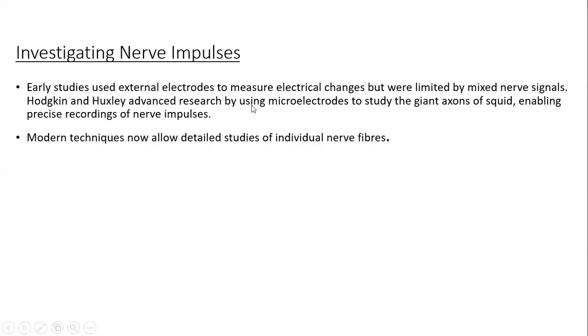So these scientists have done various experiments to find out about nerve impulse transmission. They mainly experimented with electrodes. You know what electrodes are? Electrodes are like the positive and negative sides, like the electricity changes in the signals.